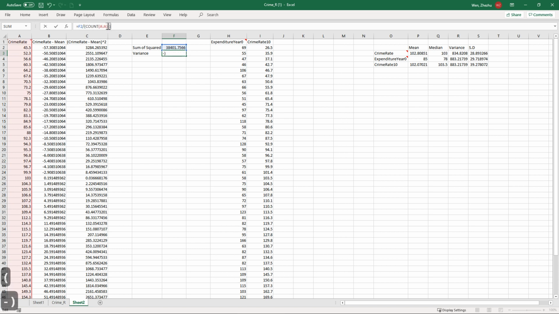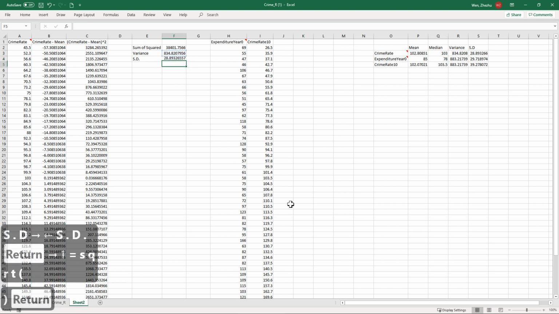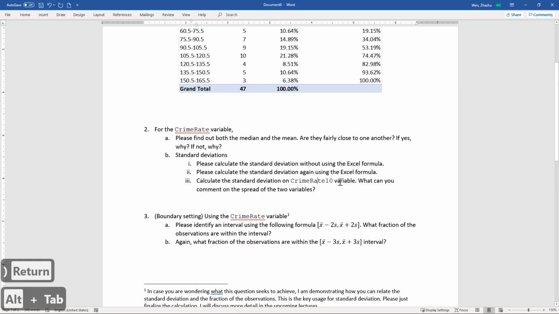So with this adjustment added, you should have exactly the same result here and here. Okay, I hope you get this. And of course, the standard deviation is the square root of the variance, SQRT of this guy right here. So you have exactly the same standard deviation here. Okay, just report that in your homework.